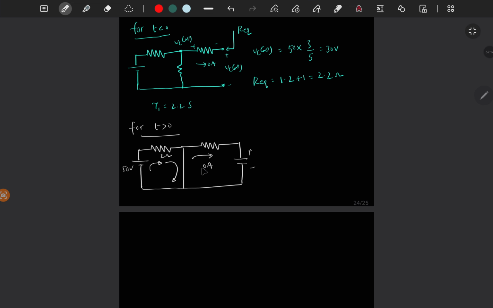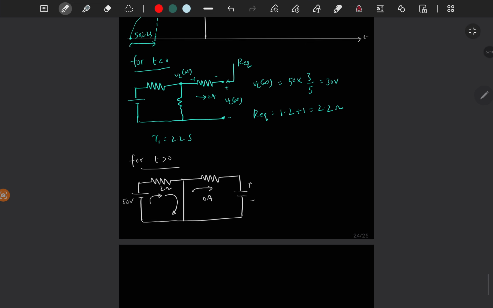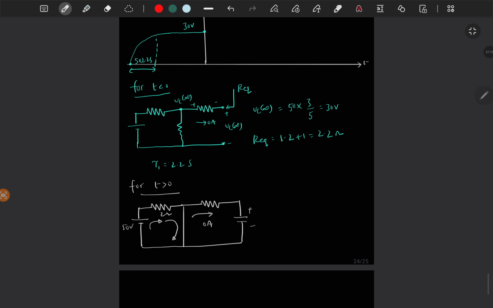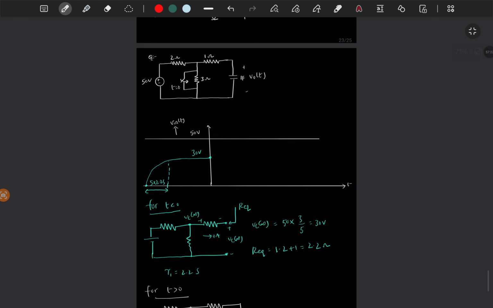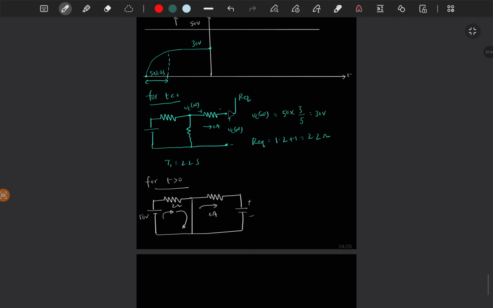This will completely go to the short circuit path. Since it is 0 amps, there is no voltage build up across the capacitor further. This will be open circuited. There is no charge building further in the capacitor, so it will stay at the same voltage.